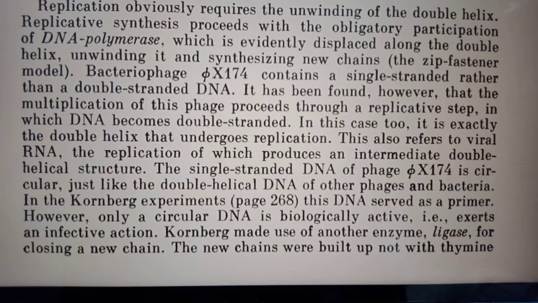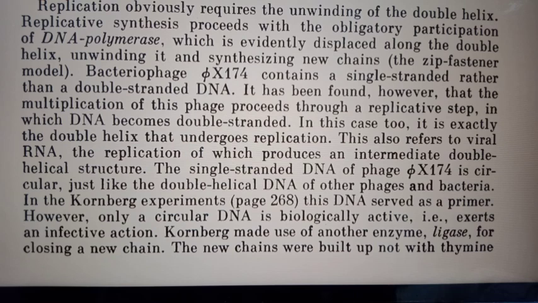In this case, too, it is exactly the double helix that undergoes replication. This also refers to viral RNA, the replication of which proceeds through an intermediate double helix structure.